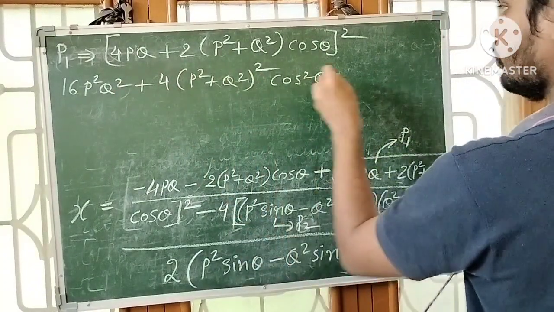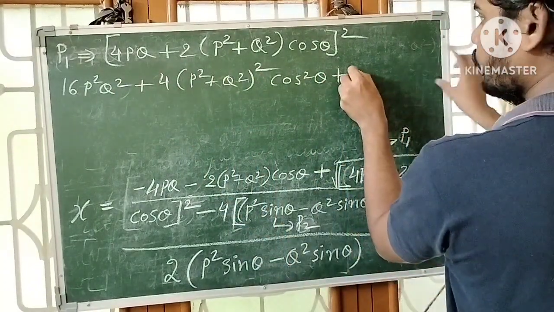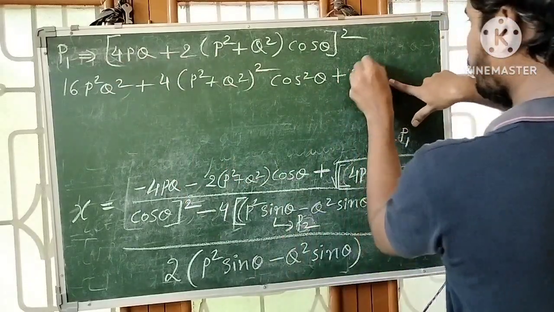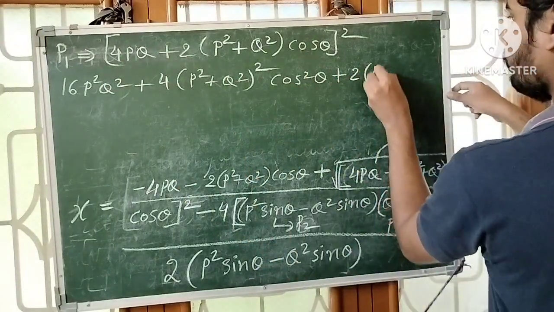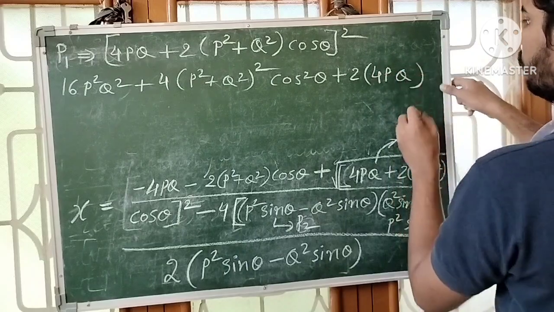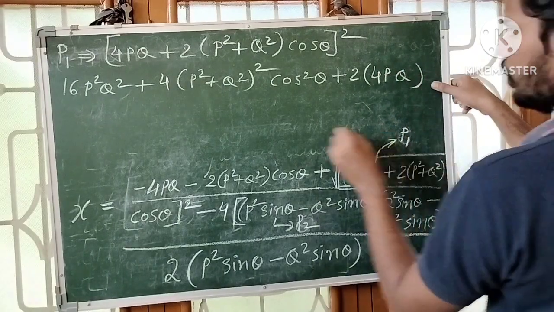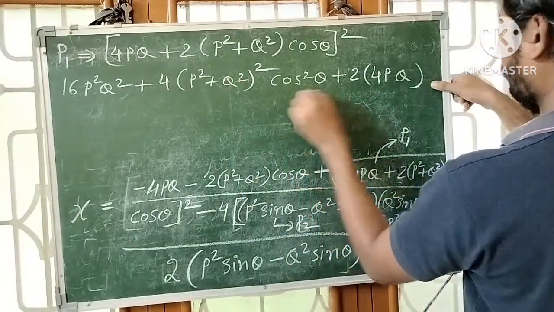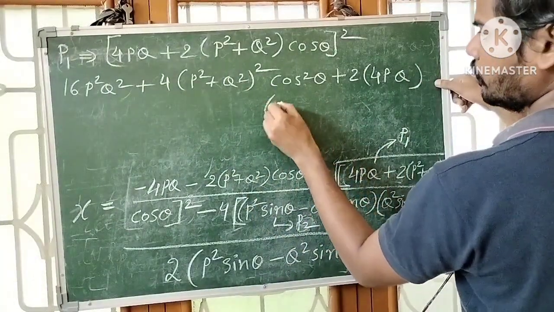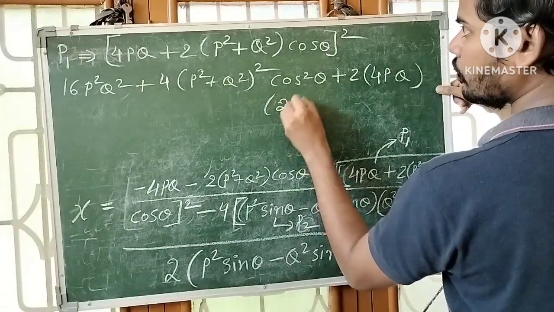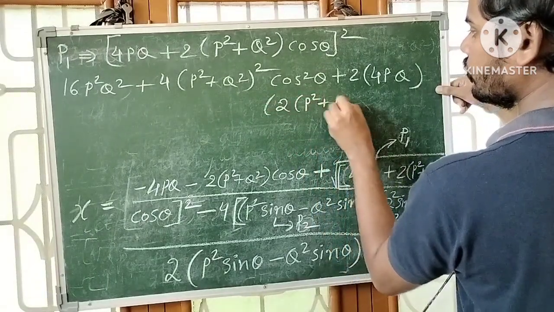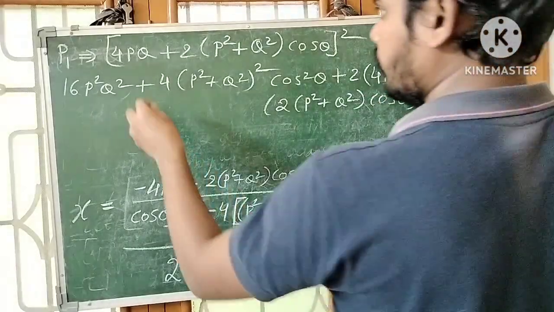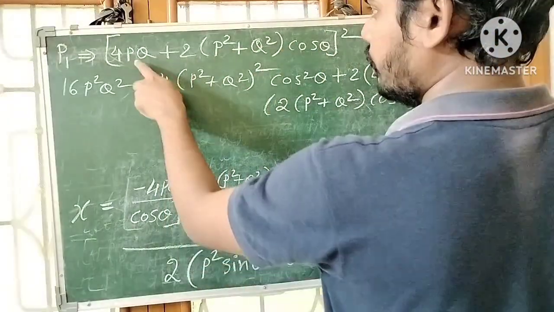Similarly, plus 2ab: 2 into the a value, 4pq, into the b value, which is 2 into p square plus q square into cos theta. So expand a plus b whole square.